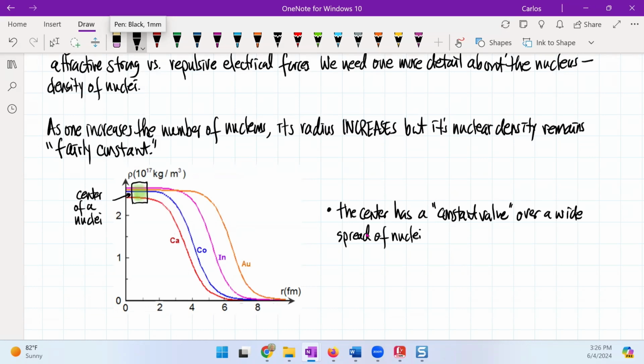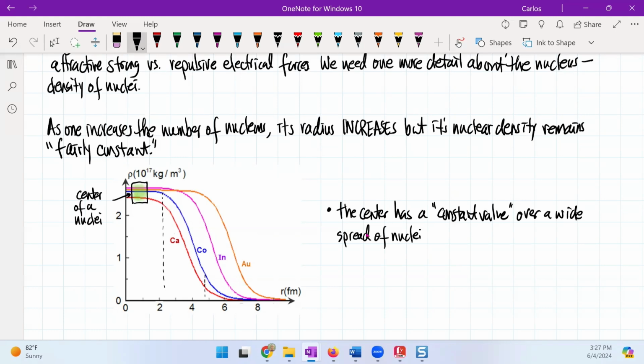But what you find here is that when you get to the edge right here, let's focus on cobalt for right now. Cobalt decreases fairly quickly to zero here.